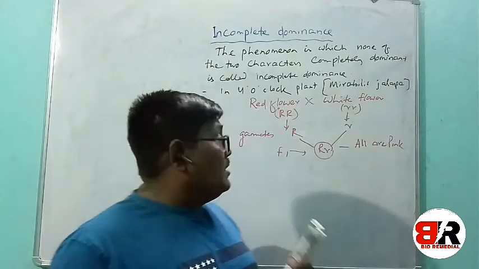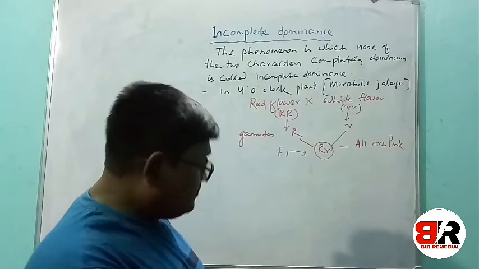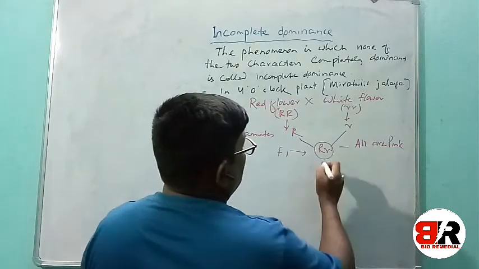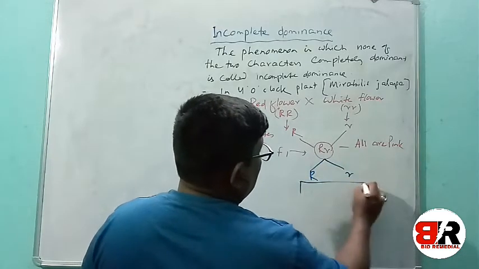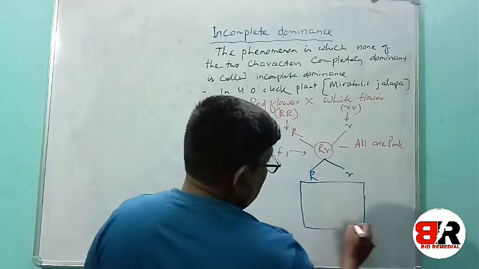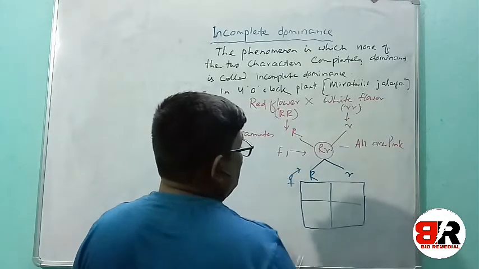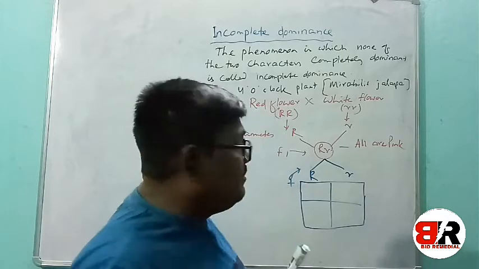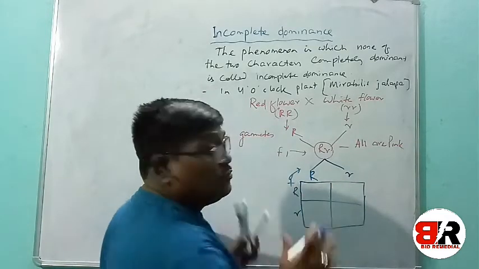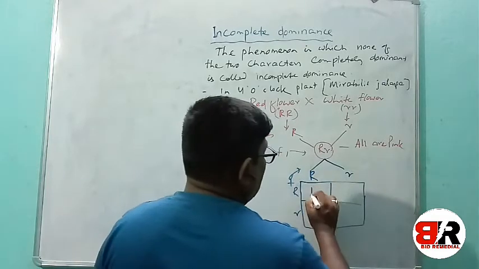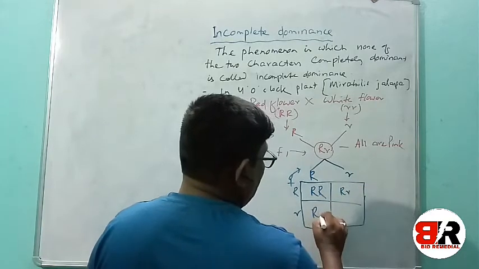So what result did Correns get in the F2 generation? In the F2 generation, he found two types of gametes, capital R and small r. When he self-pollinated the F1 generation pink plants and crossed the two varieties of male and female gametes, he found 1 capital R capital R, 2 capital R small r, and 1 small r small r.